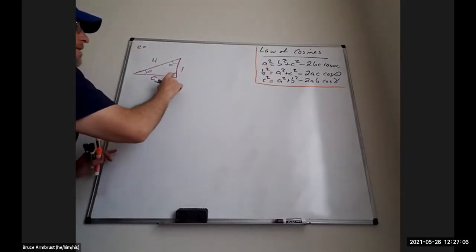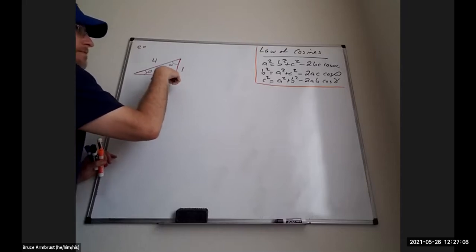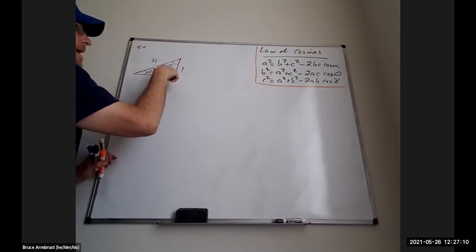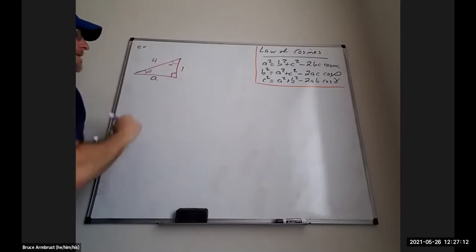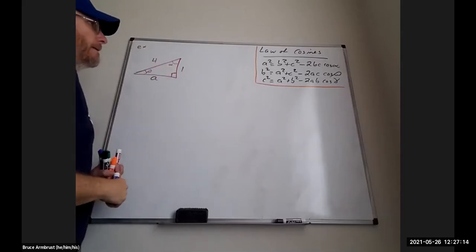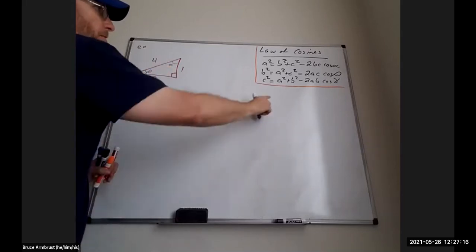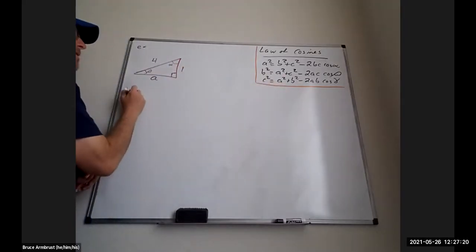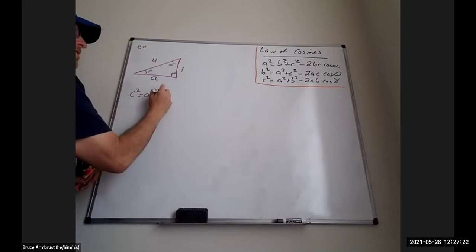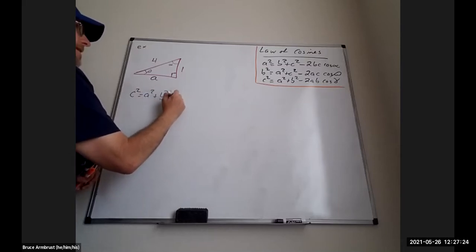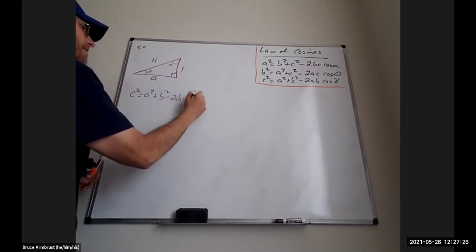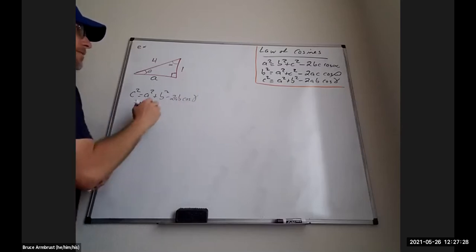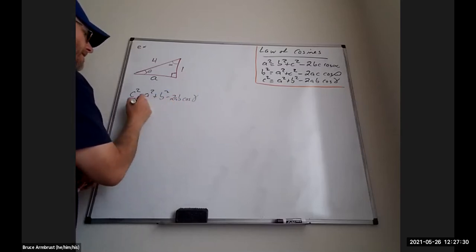Well, we know gamma, and we know B and C. And we're trying to find A. So let's look at this guy right here. We're going to get C squared equals A squared plus B squared minus 2AB cosine of gamma. Real quick, gamma is 90 degrees.